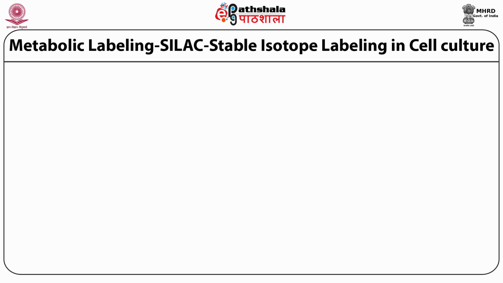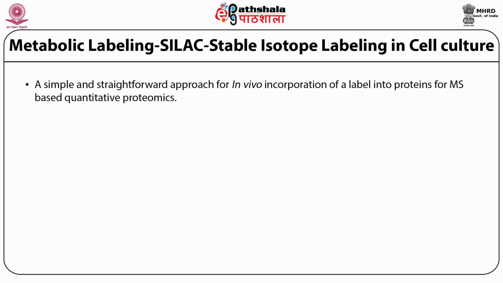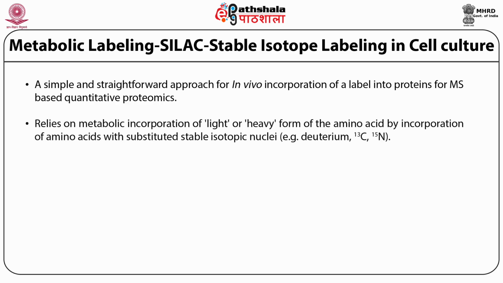Metabolic labeling, SILAC, which stands for Stable Isotope Labeling in Cell Culture. This is a simple and straightforward approach for in vivo incorporation of labels into the proteins for mass spectrometric based quantitative proteomics. This relies on the metabolic incorporation of what you call as the light or the heavy form of amino acid by incorporation of amino acids with substituted stable isotopic nuclei, which could be from deuterium, carbon, or nitrogen.